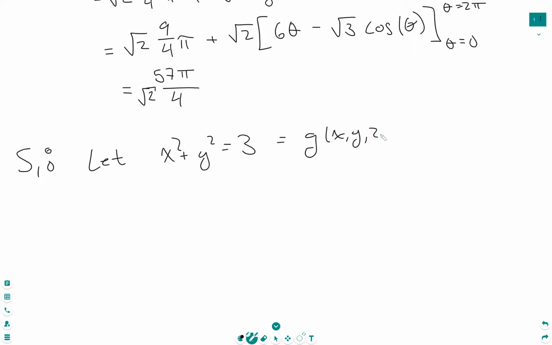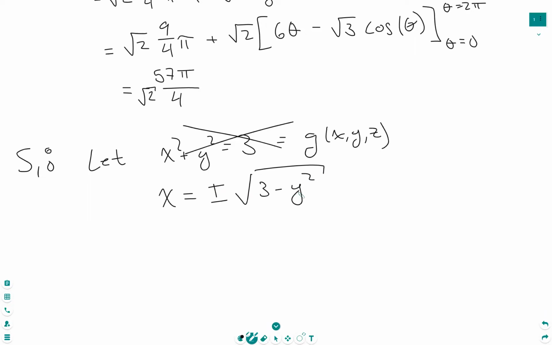Unfortunately, we can't really do this, because we'd have to consider the left and the right hand side separately. So instead, if we want to split it up, we would have to say that x equals plus or minus the square root of 3 minus y squared, like this. And then we can treat each one separately.